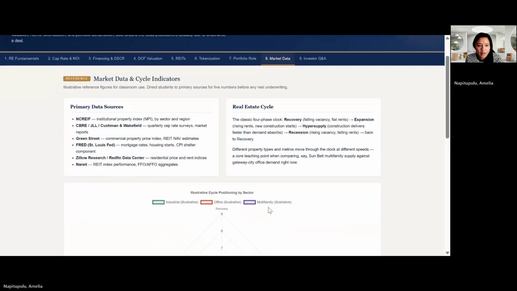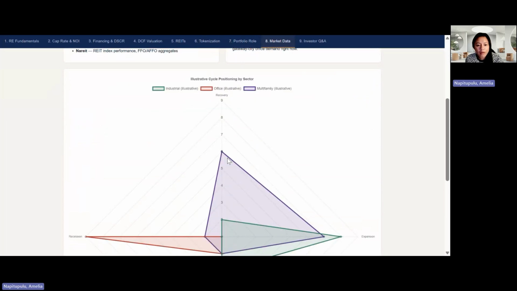So, let's focus in on the real estate cycle: recovery, expansion, hypersupply, and recession. Something to be aware of is that each part of the cycle moves at different speeds. So, right now, for example, you'll see here that office is in a slow, uneven recovery.